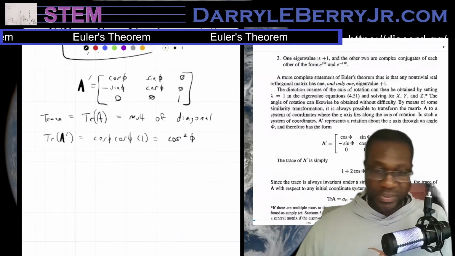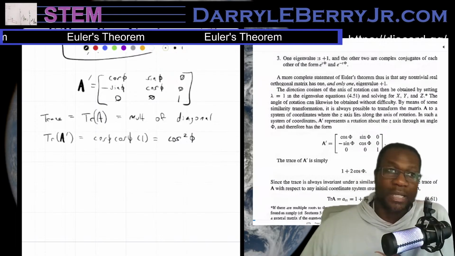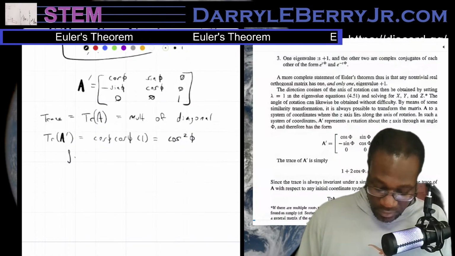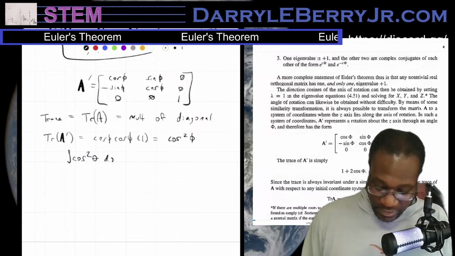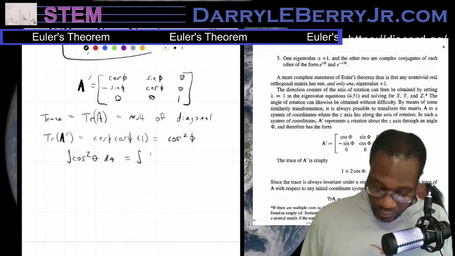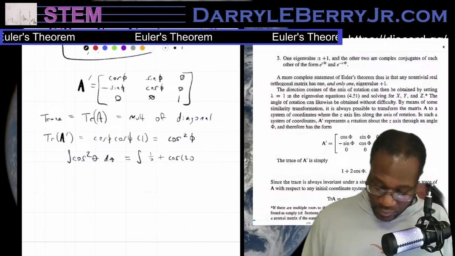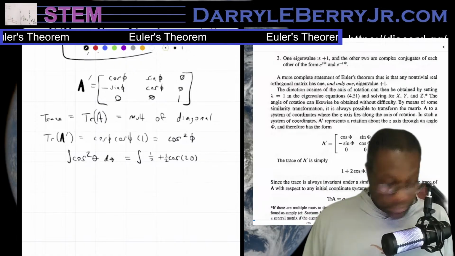All right, I have to think back to my calculus class. If you're trying to do an integral of cosine squared theta d theta, that becomes the integral of 1/2 plus, hold up, is it cosine or sine? 1/2 plus cosine 2 theta over 2.